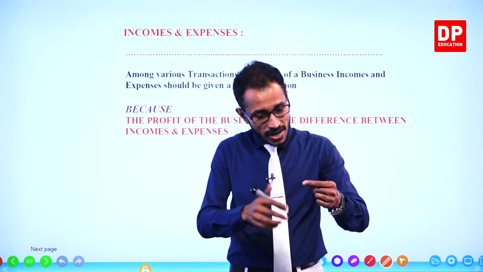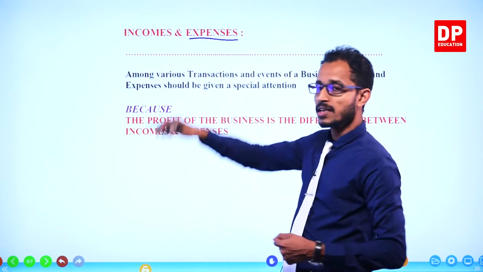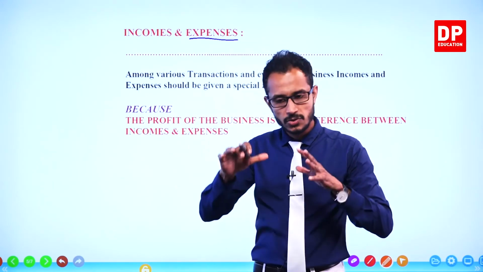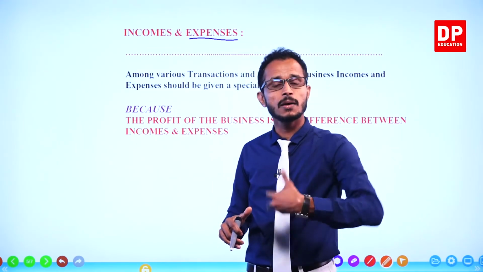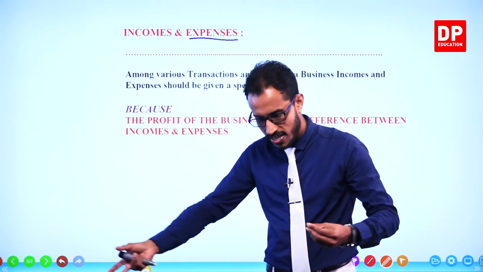So I'm spending this 50,000 as an expense in order to attract more customers to my business and to carry out my business successfully and to get an income from the business. So expenses are made in order to gain an income.